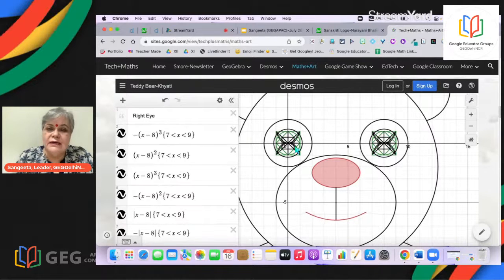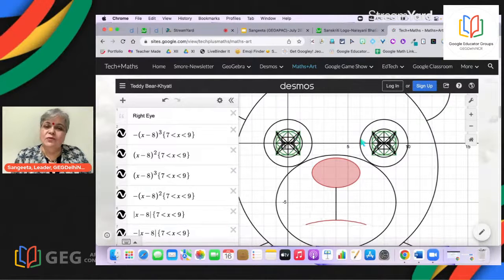A lot of analytical decisions are being made to decide what kind of a curve is to be considered. And then, because there is a symmetry in a face like this, what kind of a change would one do to get the other side of it? Those kinds of decisions are really sharpening the skills of the students.